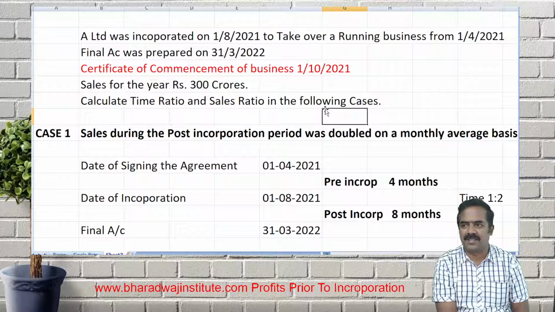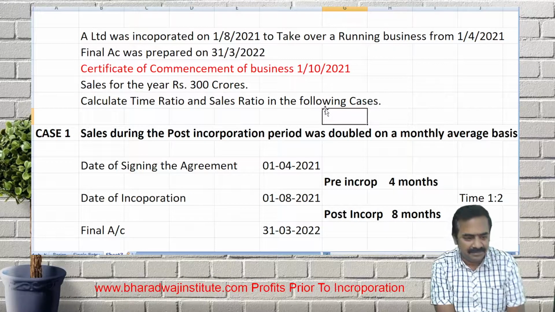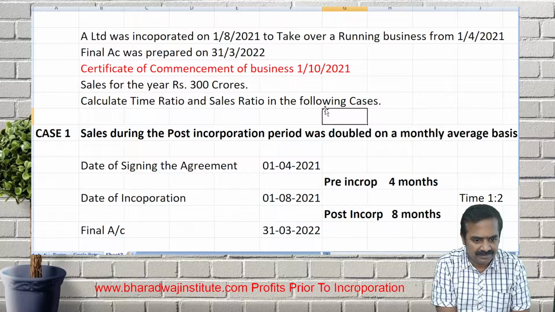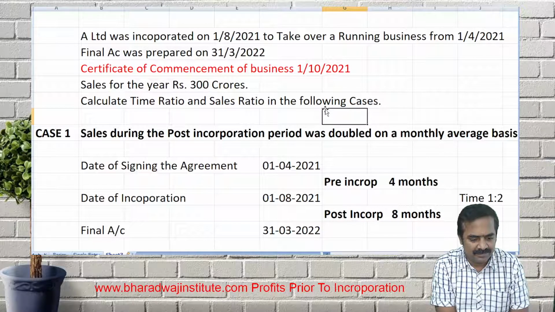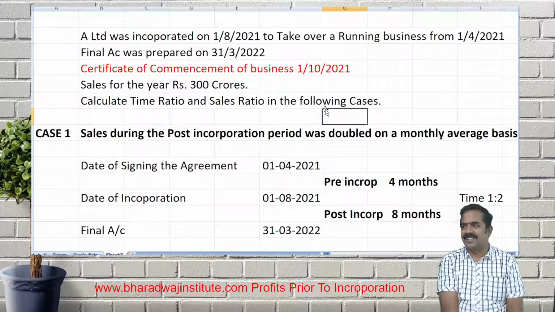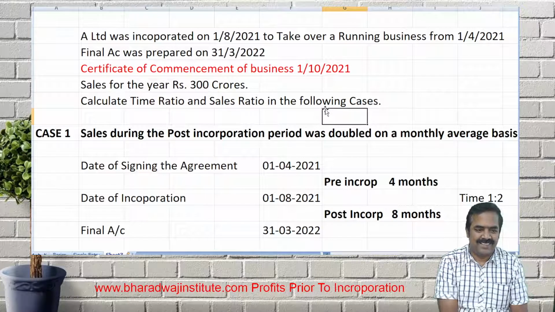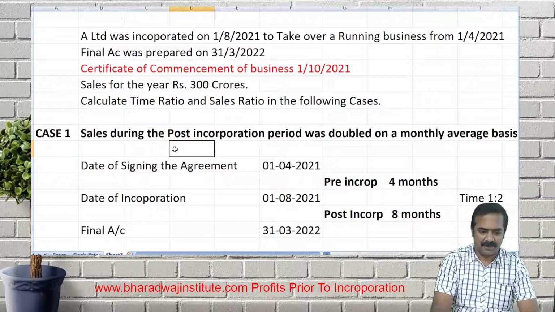Certificate of commencement of business is a legal formality. It is like the difference between date of birth and getting a birth certificate. This is a birth certificate for your business, please ignore.